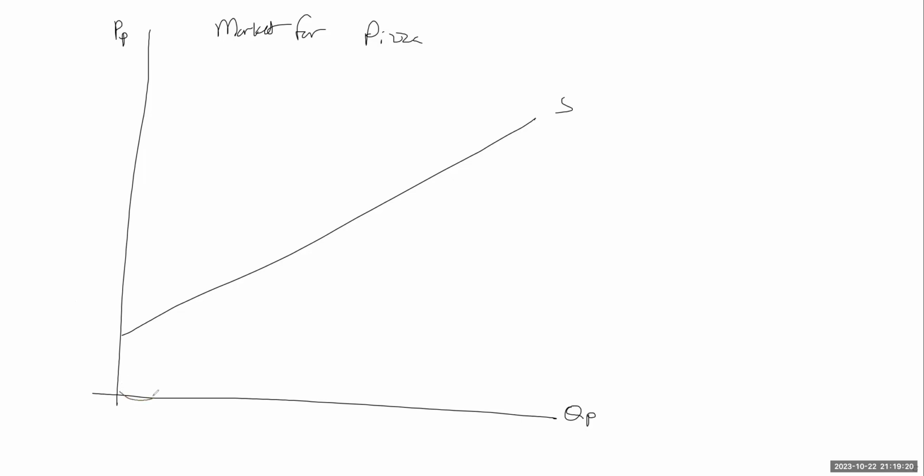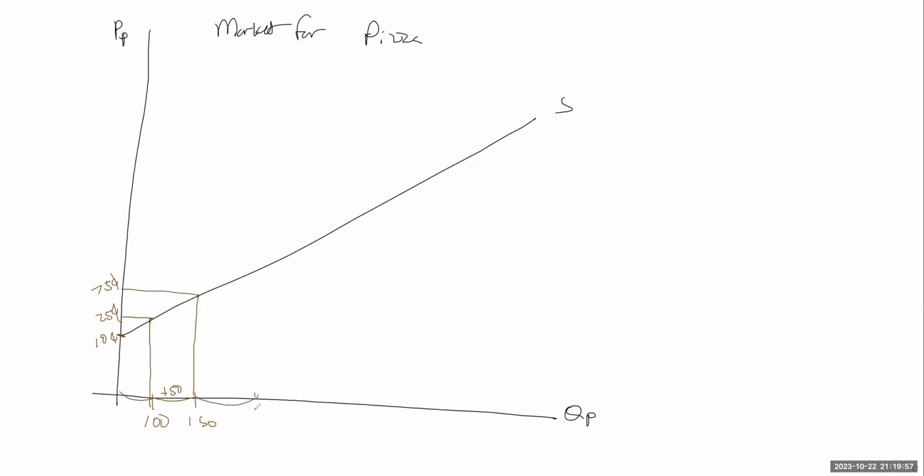The first group of pizza sellers enter, and they're more than happy to sell pizza at 25 cents a slice. Okay, let's say at, I don't know, 10 cents a slice, no one sells pizza. The next group enters, and they're willing to sell 50 slices at 75 cents a slice.